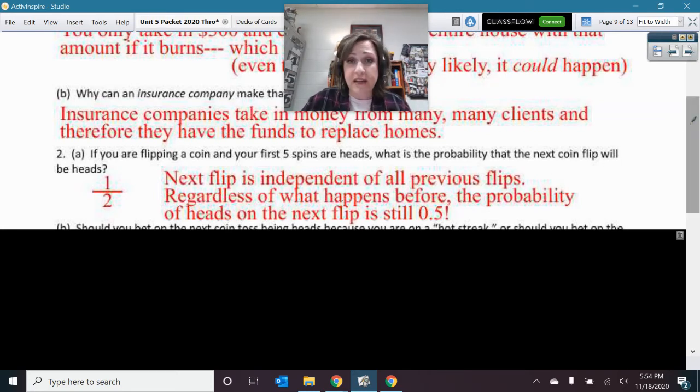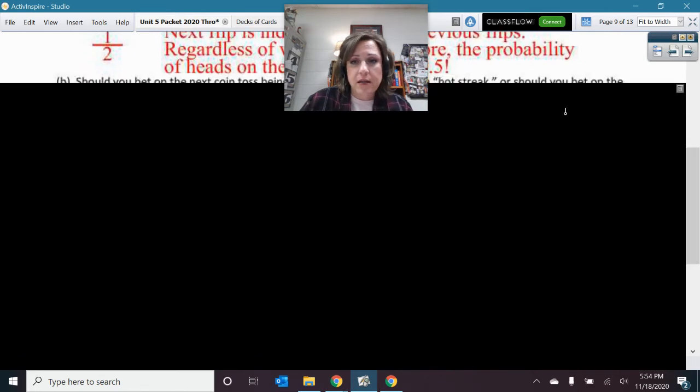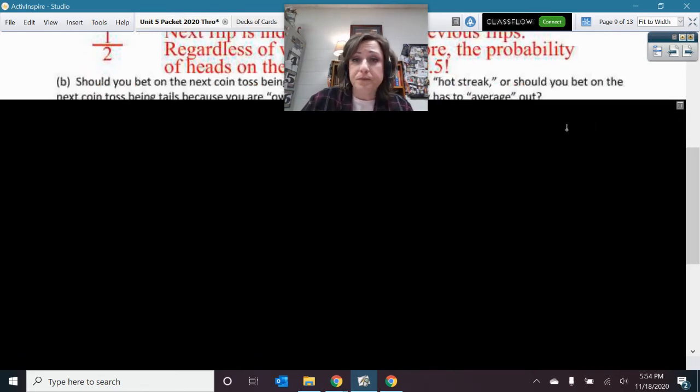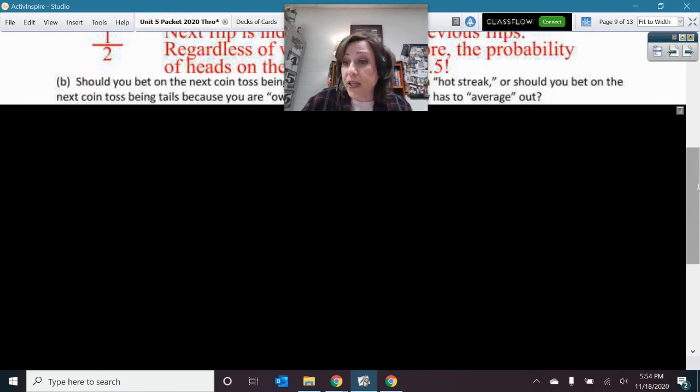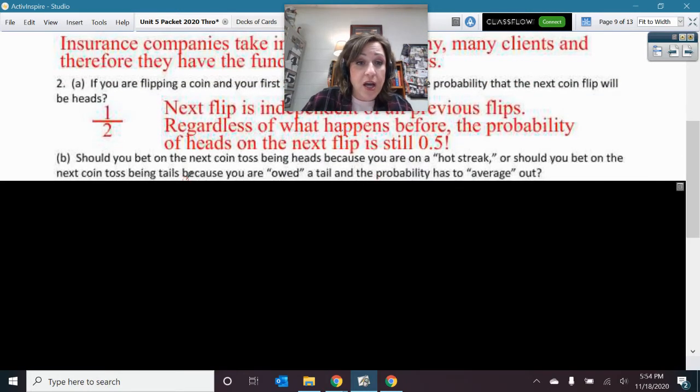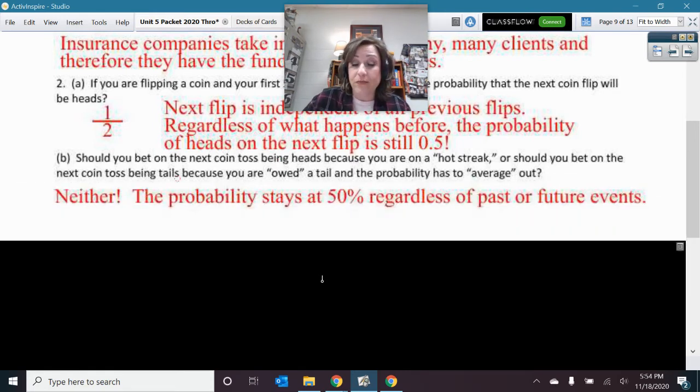The probability is still 50%, so the streak doesn't mean anything. Or should you bet on a tail, because you're owed one, since that theoretical probability has to average out? Well, again, neither.